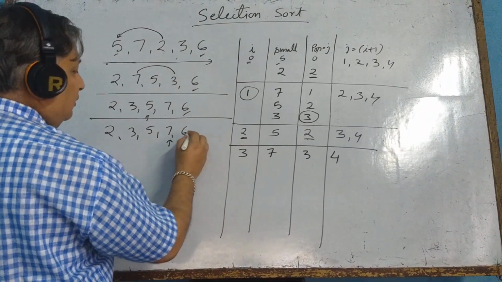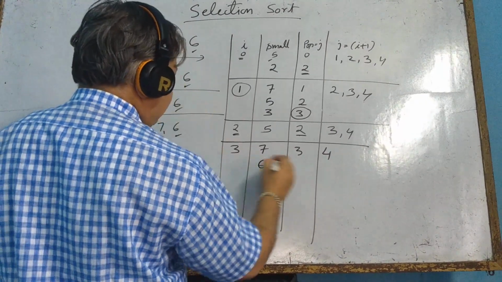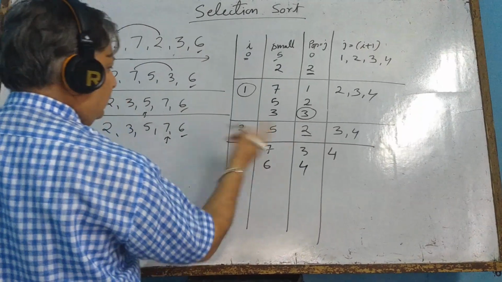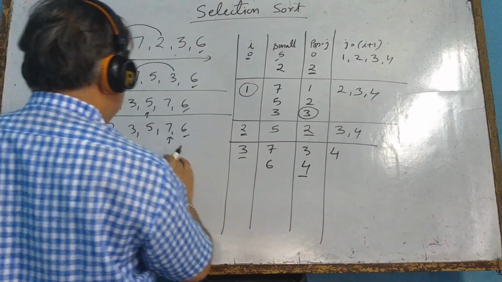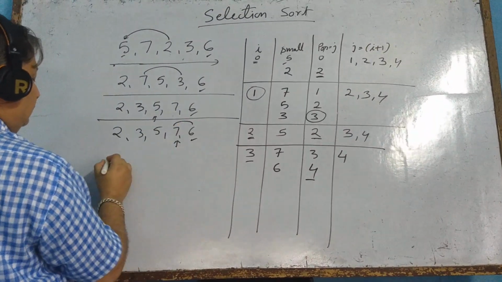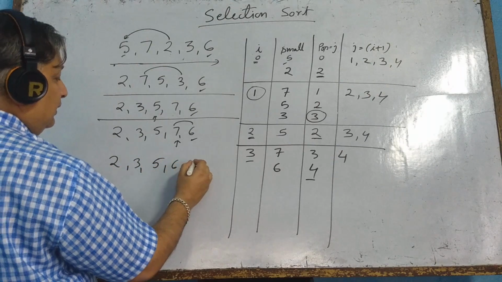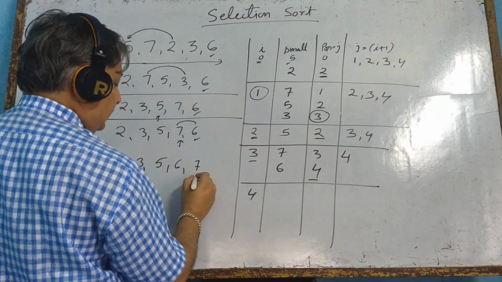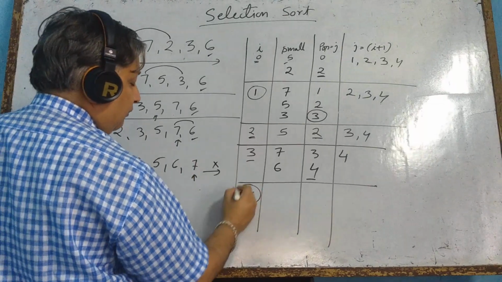So we got 6 here, which is less than 7, so the smallest is changed, the index number is 4, and then we stop because there is nothing after 4, and index numbers 4 and 3 are swapped. 2, 3, 5, 6, 7. For I equal to 4, we don't have anything to compare, so from here we'll stop.